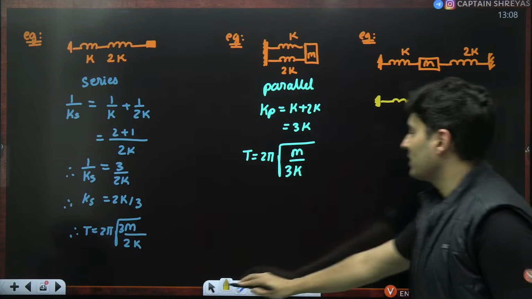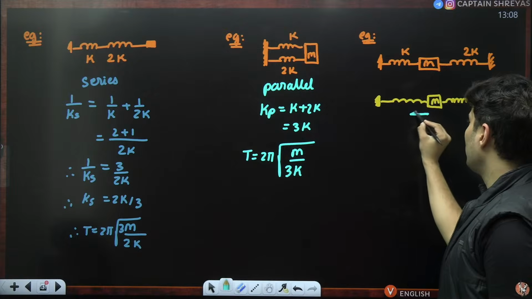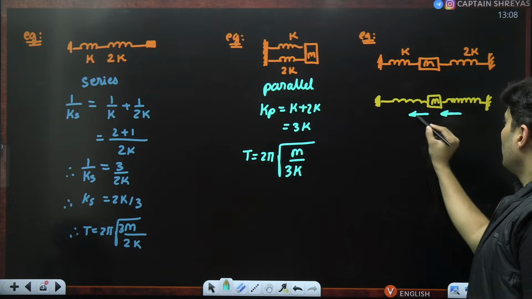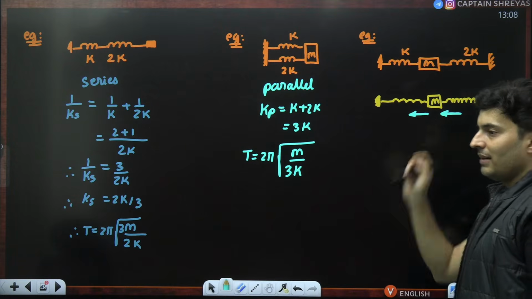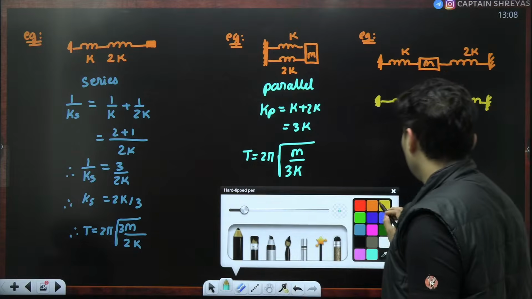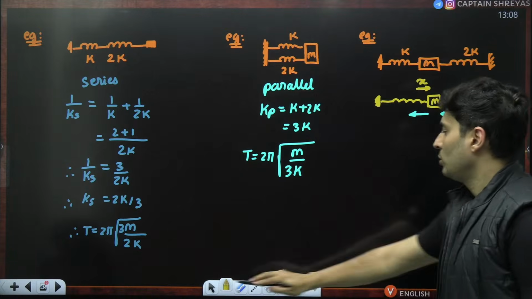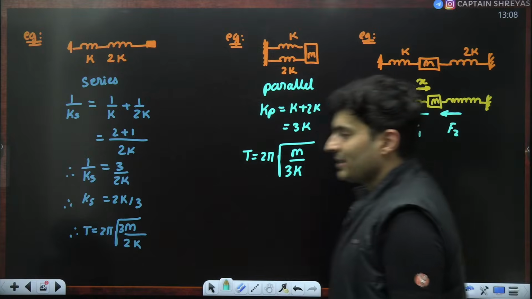See how the forces on this mass will be. This mass, due to this spring, will experience a force this way. This spring will get compressed, so it will push it this way. Don't you see the forces are towards the left side, when I have moved the mass towards the right side? Both the force due to spring 1 and spring 2 are towards the left side.